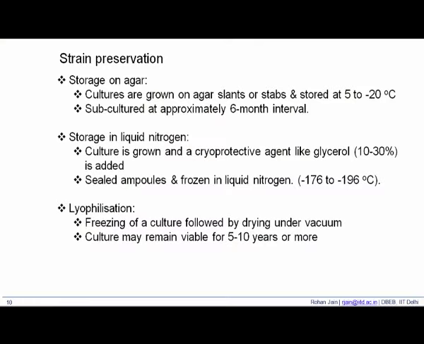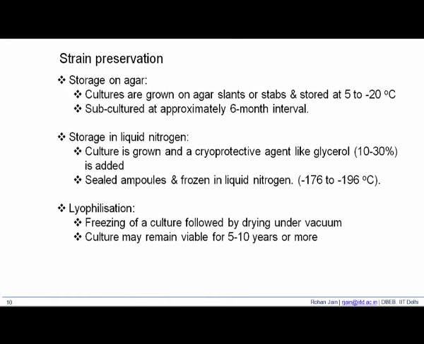So, having said that, what are the ways of strain preservation? One is storage on agar. Here basically you grow the microorganism on agar slants or stabs, and store them between 5 to minus 20 degrees.